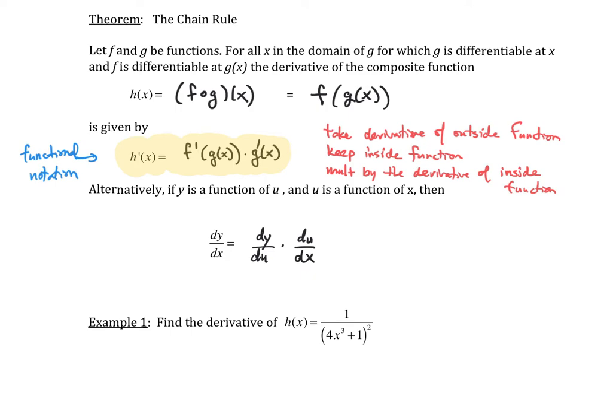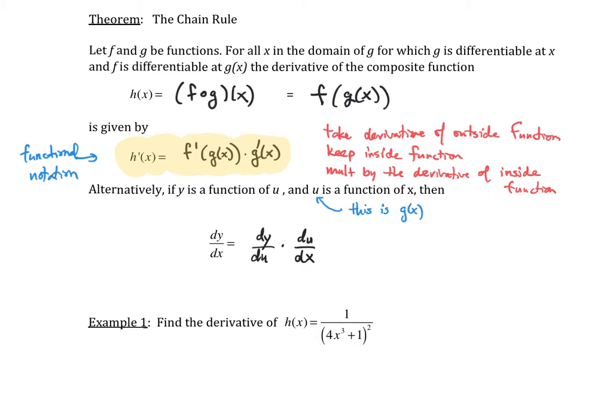So when you look at this, you can see that it's two things multiplied together, just like the function notation had two things multiplied together. We're going to take the derivative of the dependent variable y with respect to an intermediate variable u. That intermediate variable u, you can think of u as the g of x. So this u is really g of x.